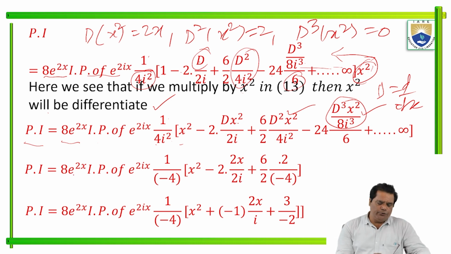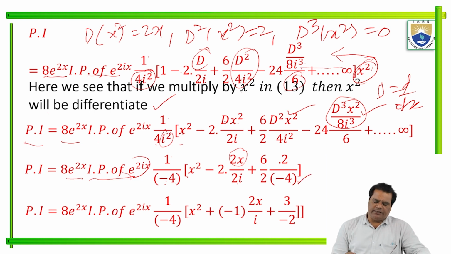Only these three terms remain. So PI is equal to the imaginary part of e to the power 2ix times 1 upon minus 4. I square is minus 1. So minus 4 times x square minus, here D x square is 2x upon 2i, plus 6 upon 2. D square x square is 2 upon, here 4i square is minus 4.